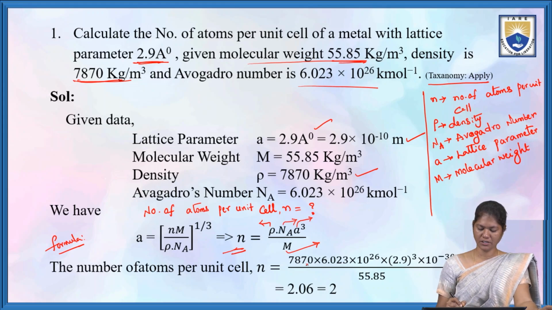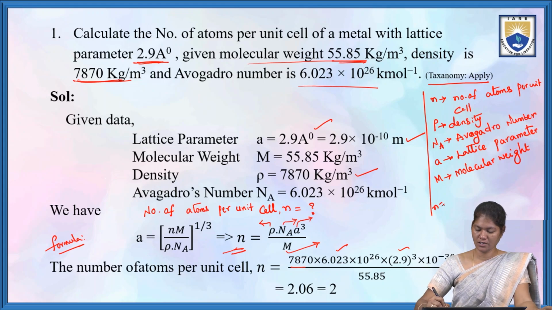So let's substitute the values. Rho is 7,870 kilogram per meter cube, and the Avogadro number 6.023 into 10 power 26. And then lattice parameter A is 2.9.